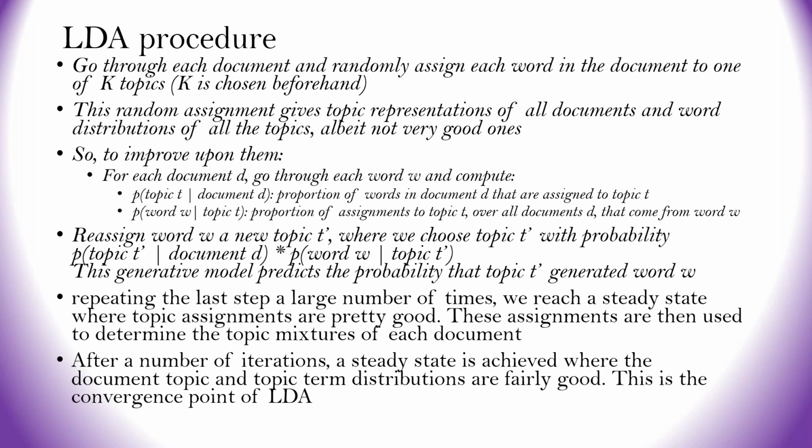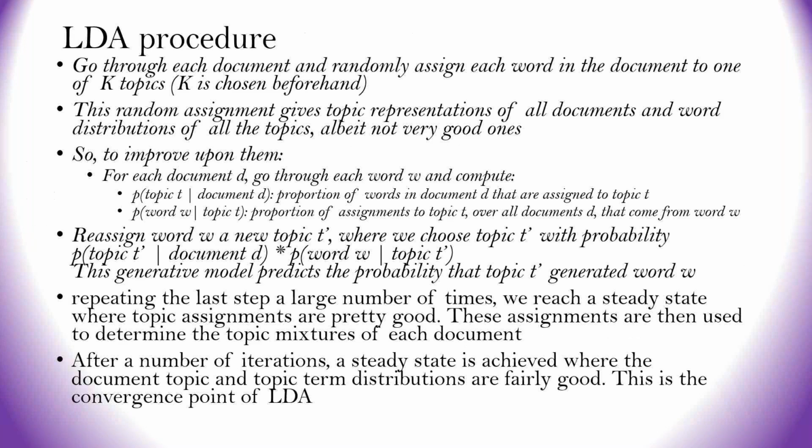This random assignment of K topics across all documents is then improved based on conditional probability values. It keeps repeating the steps several times and reaches a steady state wherein the topic assignments are pretty good, and we are not finding any more topics changing, or the assignments are okay within some threshold value, so that it stops iterating. LDA then provides a fairly good set of topics for the given set of documents.